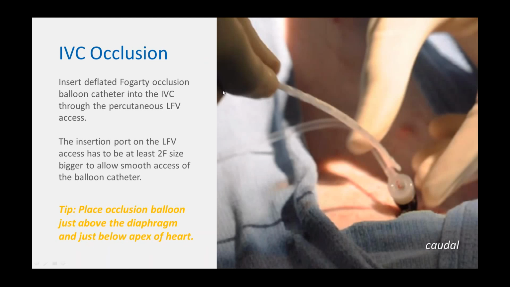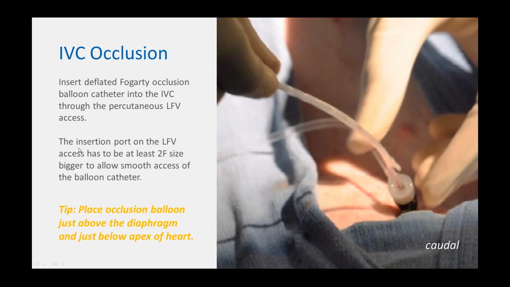Once we have the catheter in place and we're satisfied with what the loops look like, we go ahead and do an IVC occlusion. We'll put the deflated balloon into the catheter, into the IVC. Again, we use percutaneous access, particularly on survival procedures, because the recovery time is so much faster.